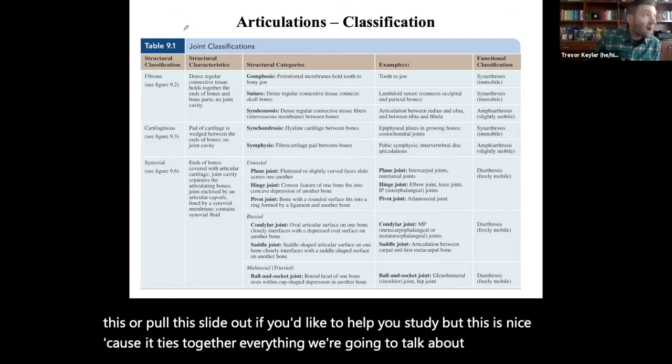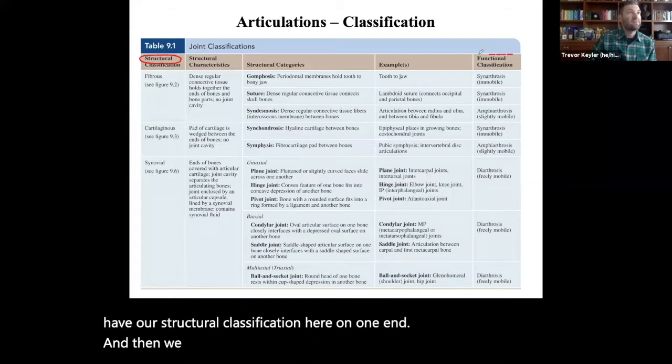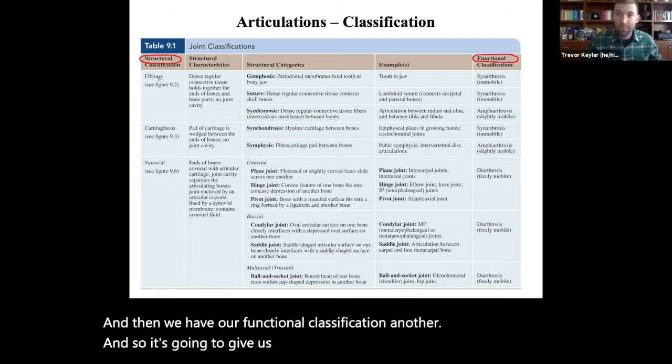So we have our structural classification here on one end, and then we have our functional classification on another. And so it's going to give us, let's just go through fibrous joints here. So that's our structural classification.